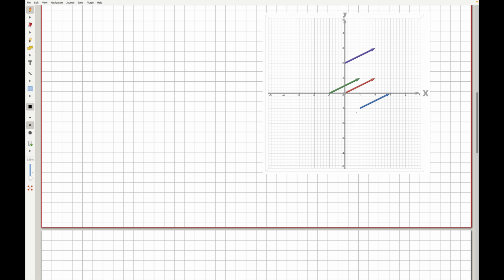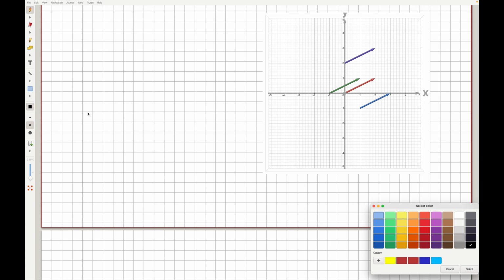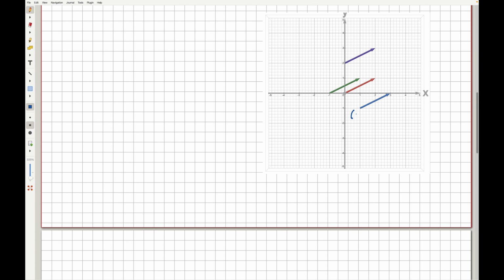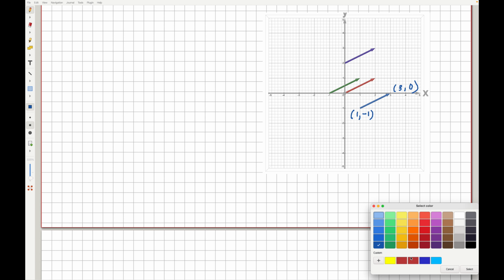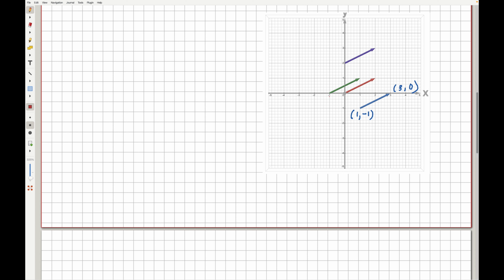This vector starts at x-axis 1, y-axis -1, and let's use the same colors there so it's easier to read. This starts at x-axis 1, y-axis -1, and ends at x-axis 3, y-axis 0. Then the red arrow, as we see here, starts at 0 0 and ends at 2 1.